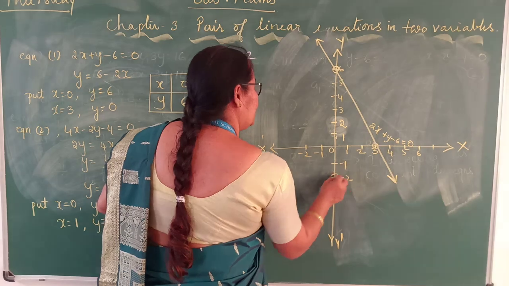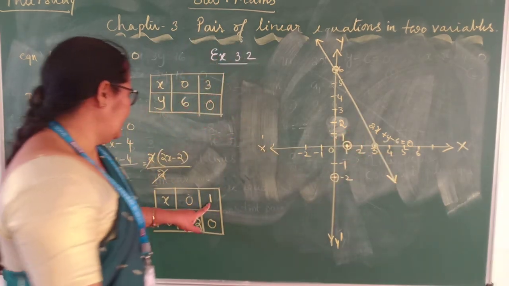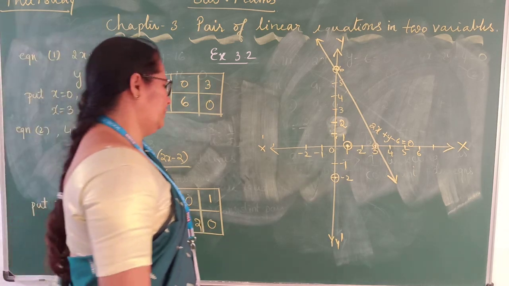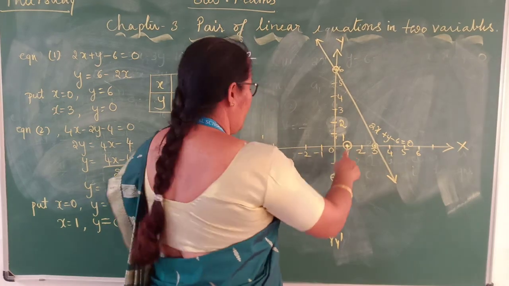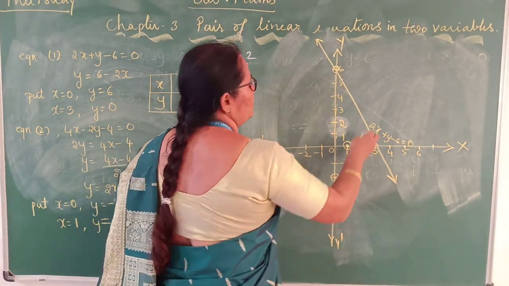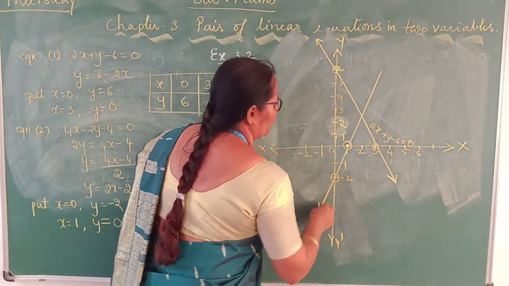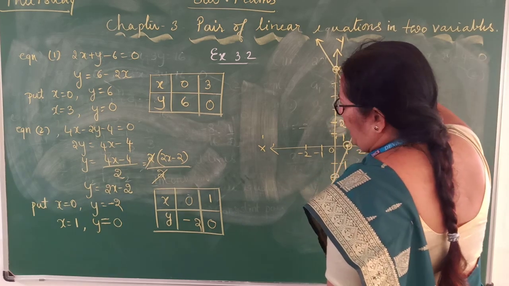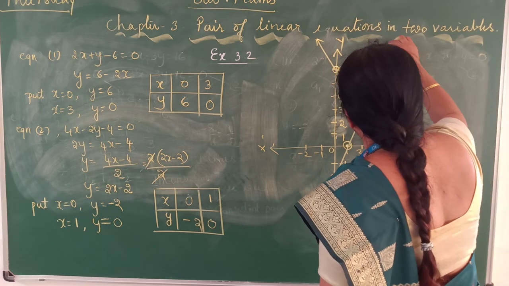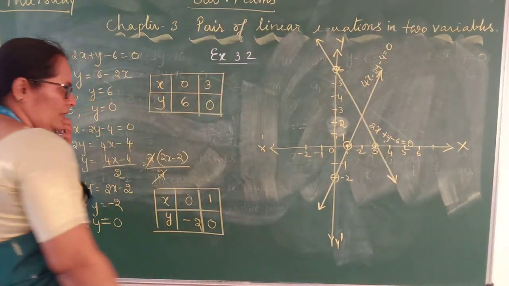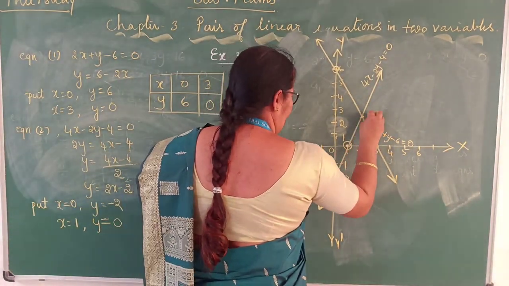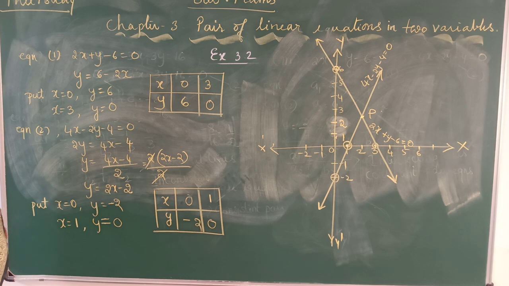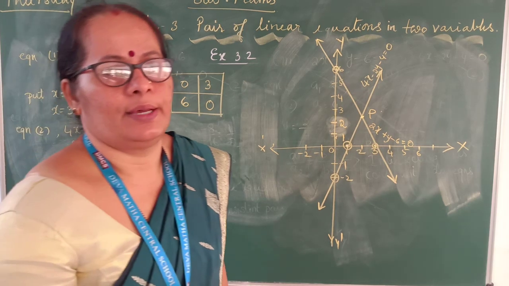When x is 1, y is 0. Therefore, when x is 1, y is 0 and when x is 0, y is minus 2. Join these 2 points. So this line is the graph for the equation 4x minus 2y minus 4 equals 0. Now, both the lines intersect at this point P. So we get intersecting lines here, and this last sum is homework for you.